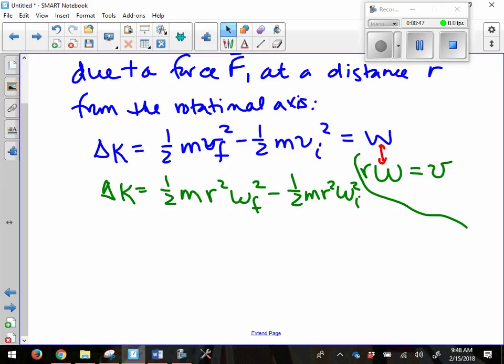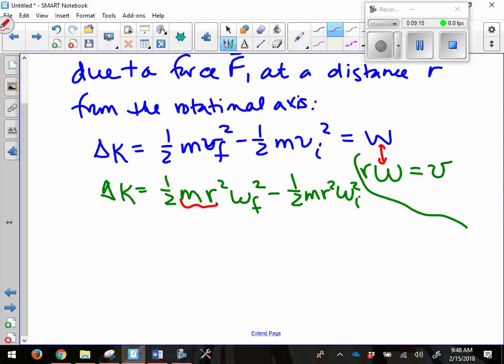I think it does look like a butt. All right. However, what's mr squared? Yeah, it's rotational inertia. Okay, so you have a question? Okay. It's rotational inertia for a single particle.